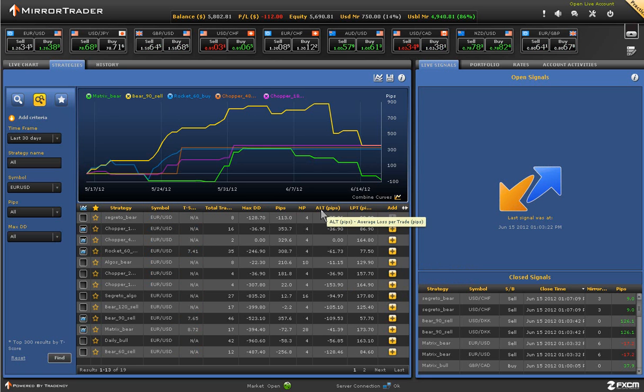There it is. So you can sort by that. This is the average loss per trade, and you can sort it. So this is the worst case loss, right? And so that would be something you'd want to sort by. This is your largest profitable trade.